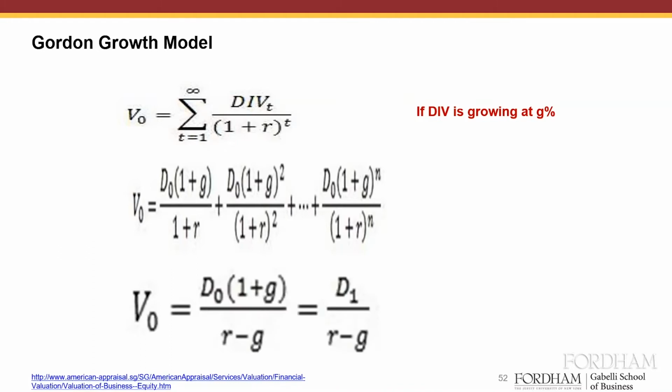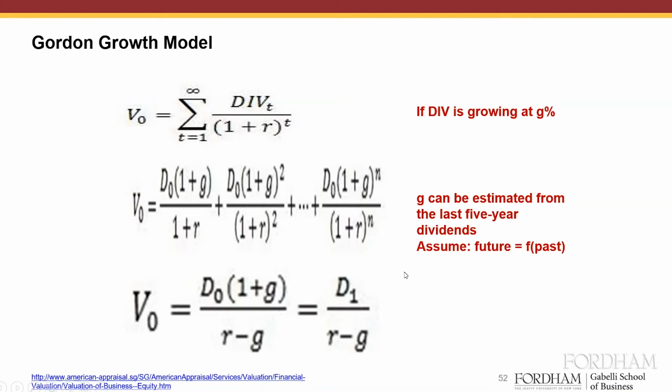Fortunately, this equation can be simplified into D0 multiplied by 1 plus G, divided by R minus G. Okay? So G can be estimated from the last 5-year dividend. We can plug this in here.